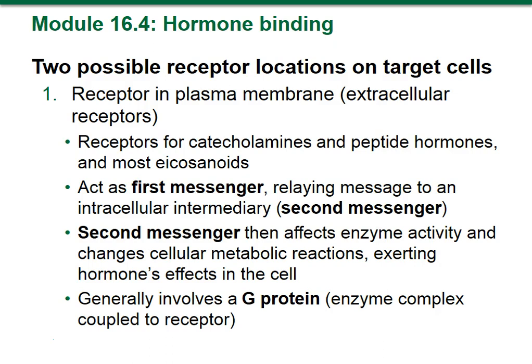And that's what gives you the effects of the hormone in the cell. This usually involves a G protein. So whenever you hear the term G protein, think receptors involved with the plasma membrane. We're talking about extracellular receptors. So again, this is one of the places we're going to find receptors for the hormones. Extracellular receptors.